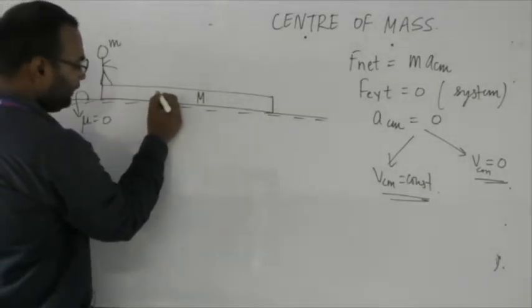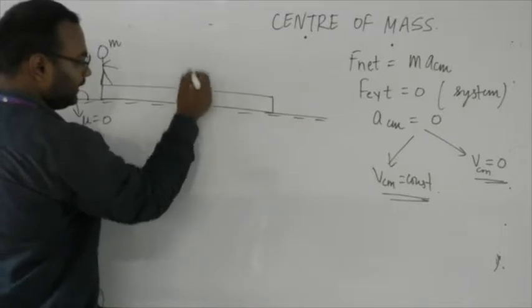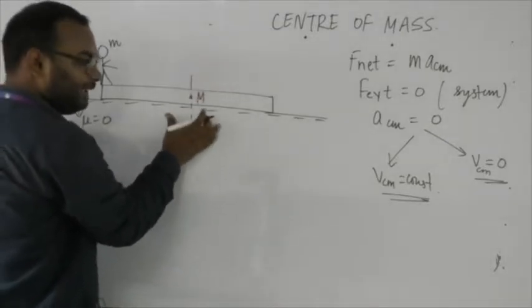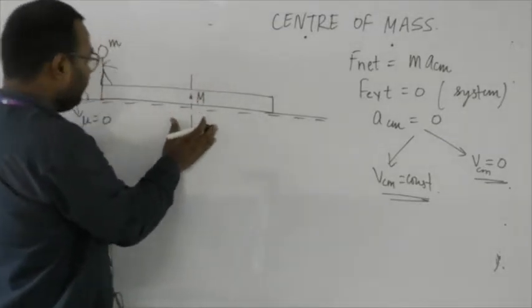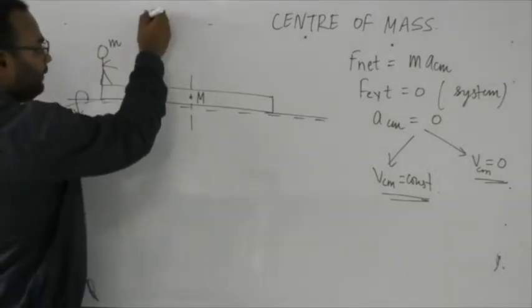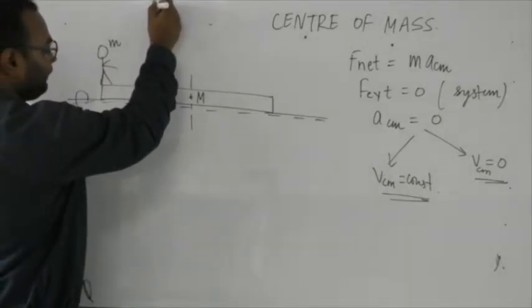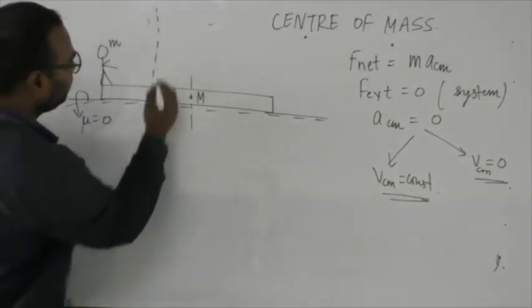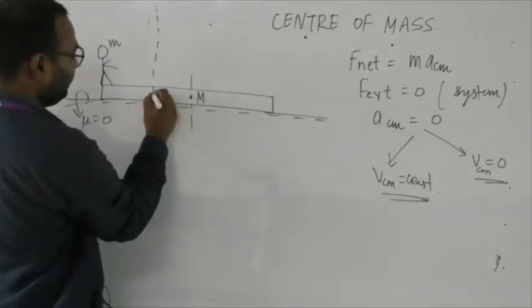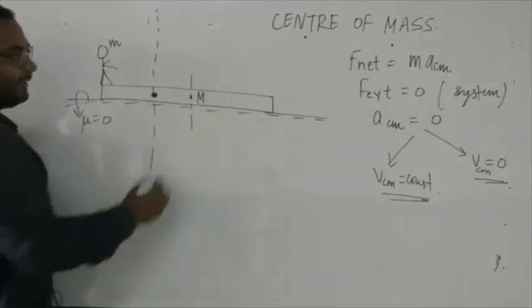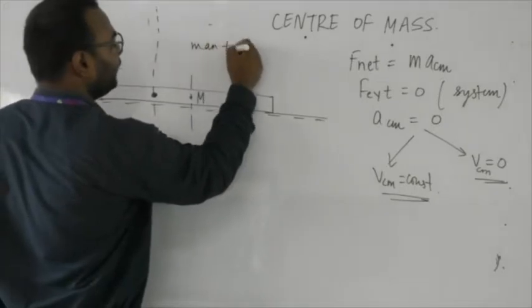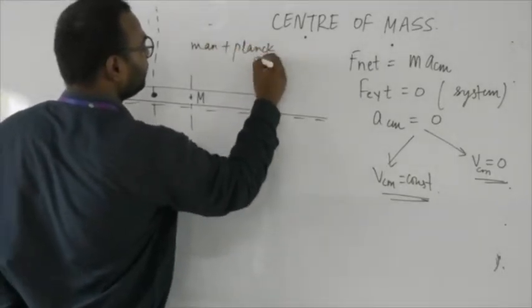Here is the L by 2 part where the plank's center of mass will be, but because of the mass of the man, the center of mass will be somewhat here, for the man plus plank system.